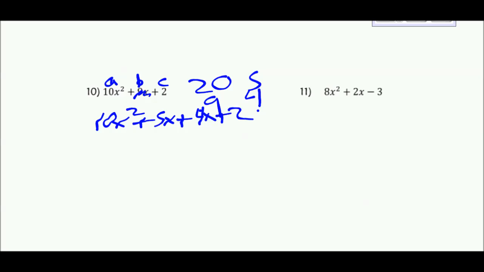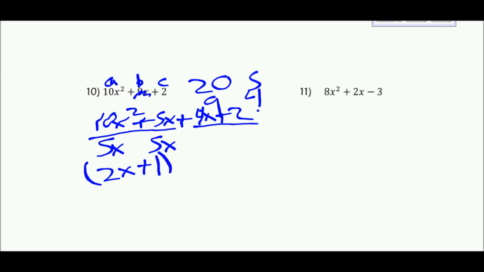And then after that, we have to put them in the groups. So this will be group number 1, and this will be group number 2. Then you have to figure out what to divide them by. So for the first one, we would divide by 5x on this side. We would get 2x plus 1.